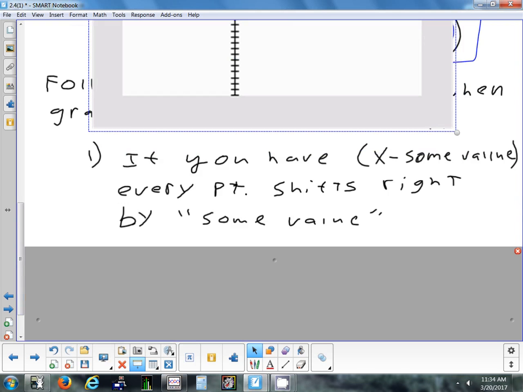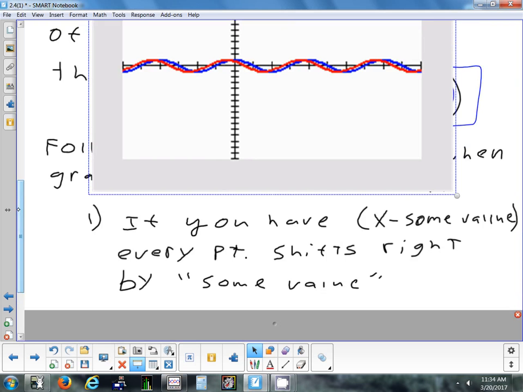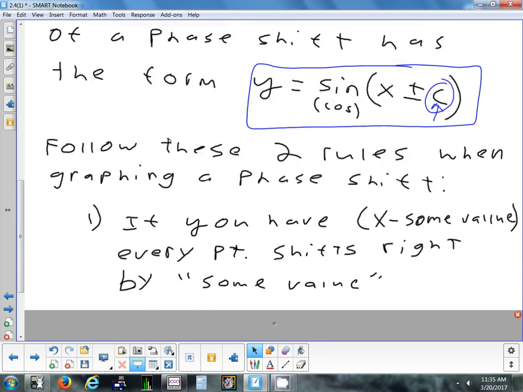So x minus a value is going to shift right. How much? Well, whatever the value is. I did plus on the screen, but I'll do a minus so you can see it.